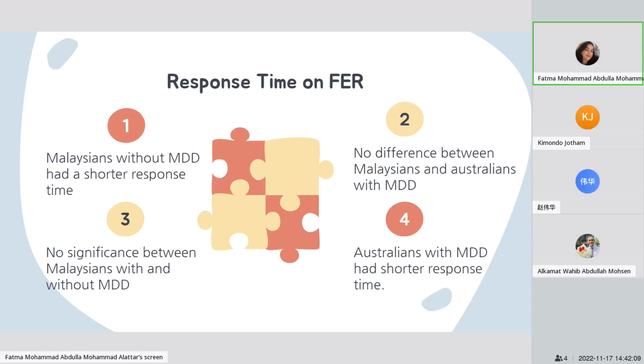In addition to that, there was no significant difference between Malaysian participants with and without MDD. Australian participants with MDD, on the other hand, had a shorter response time than those without MDD.